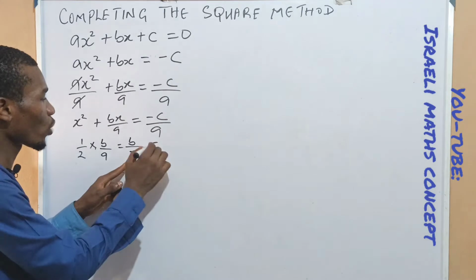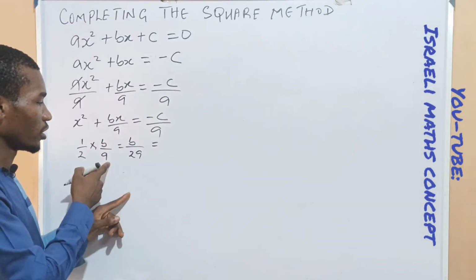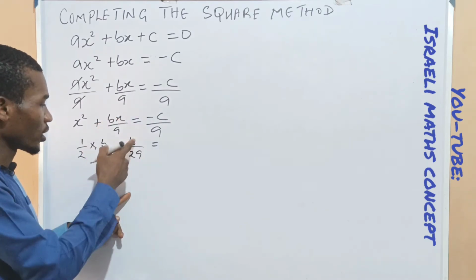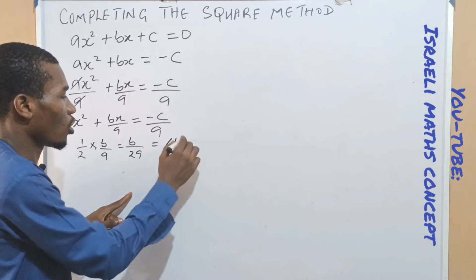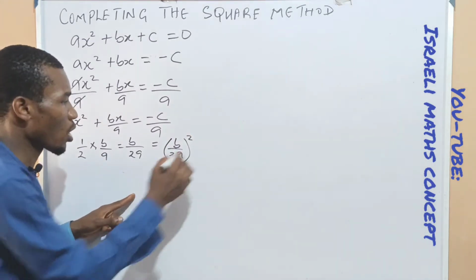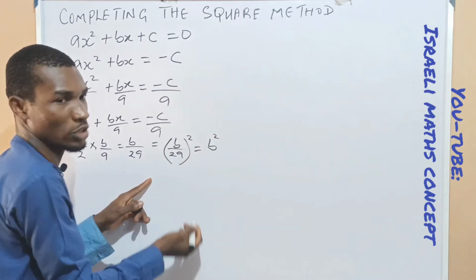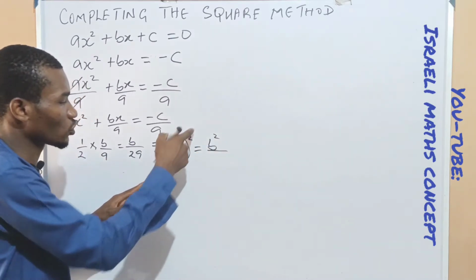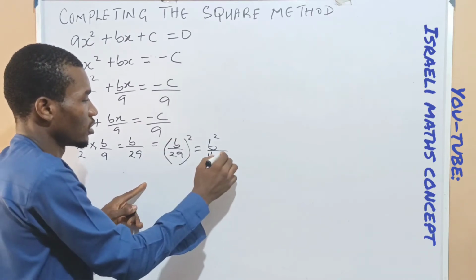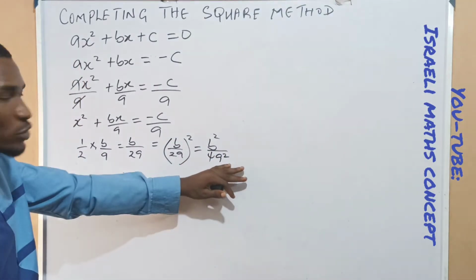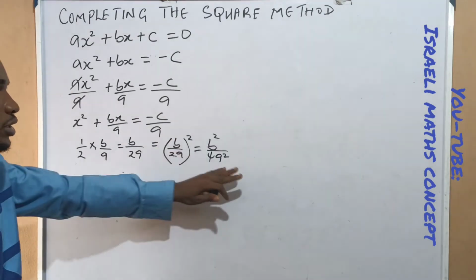Then we now square what we get from the half of b over a, such that we have b over 2a all squared. When we square it out, we have b squared, which is b raised to the power of 2, over 2a squared, meaning 2 times 2 is 4, and a times a is a squared. So this is what we were able to get as the product of squaring this b over 2a.